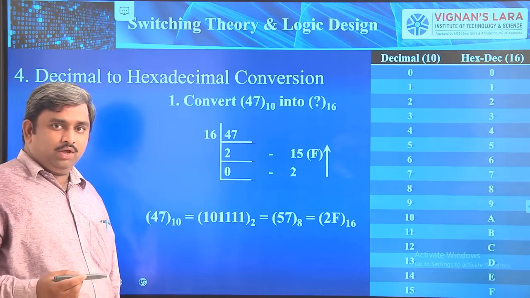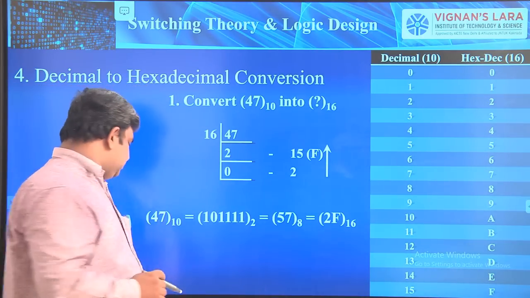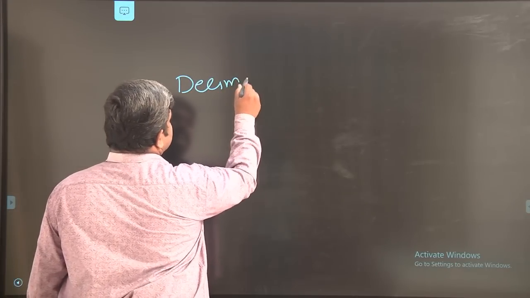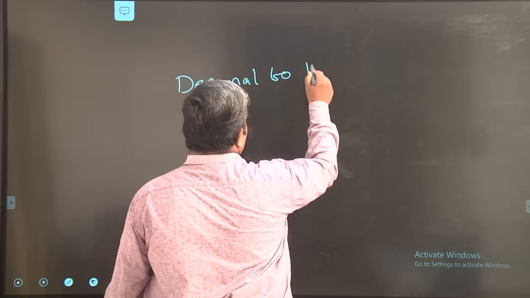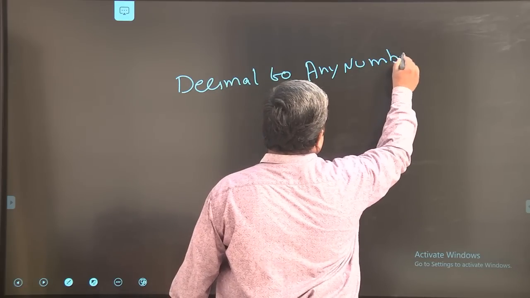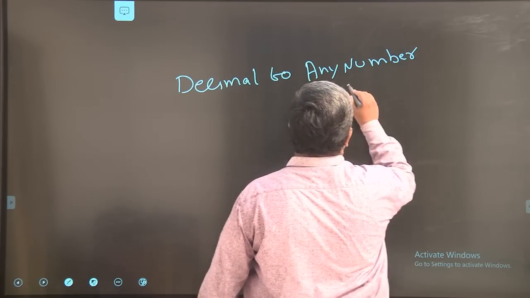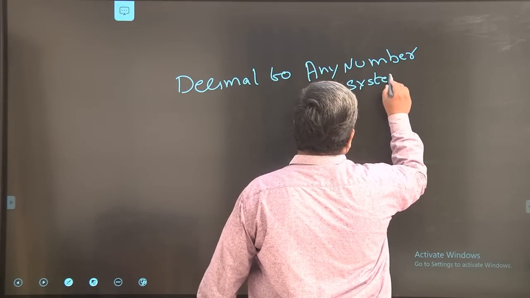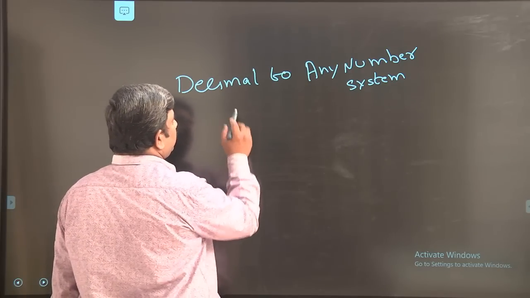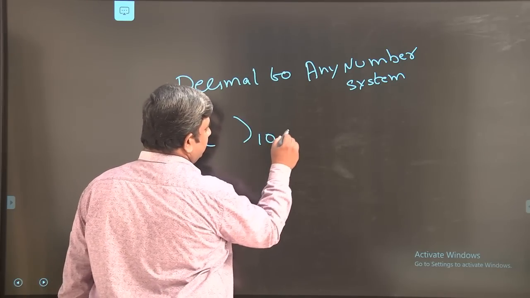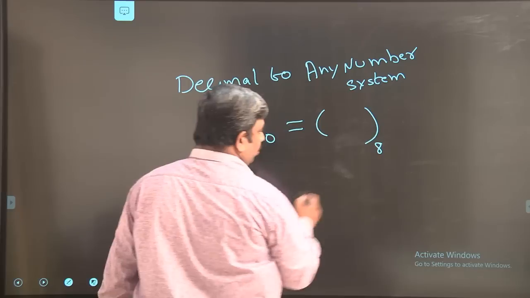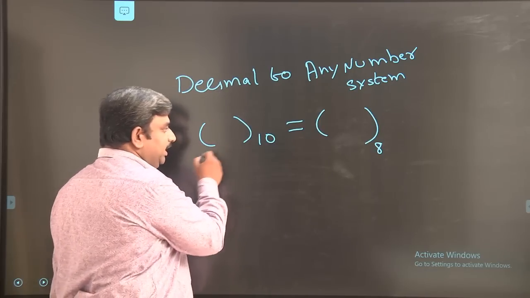If you want to convert from decimal to any number system, our decimal number system base is 10, but if you want to convert into octal, you have to divide the given decimal number with 8.